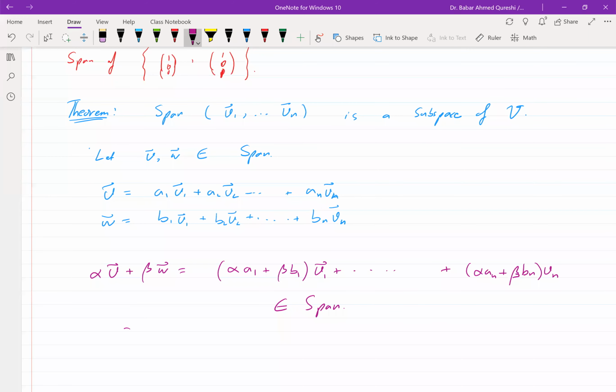So the span is a subspace. The span of any number of vectors is always a subspace.